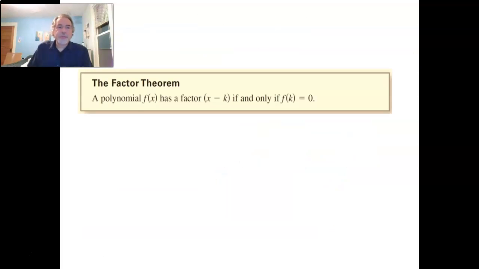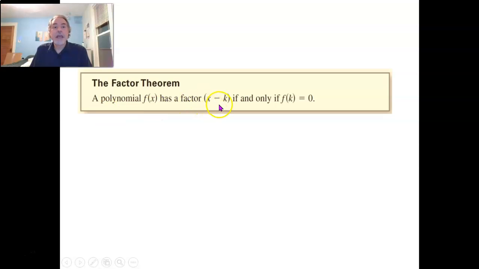Now remember that one time when we got a remainder of 0. The division came out even. The remainder theorem tells us that f of k is the remainder. So if the remainder is 0, that means f of k is 0. That means the division came out even. There was no remainder.